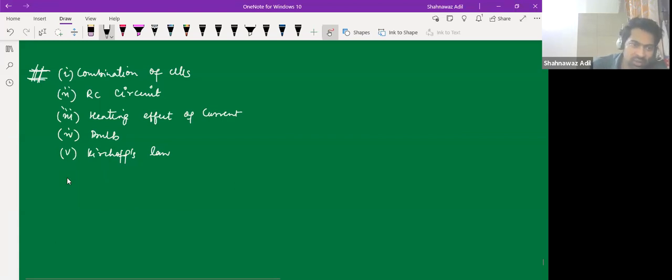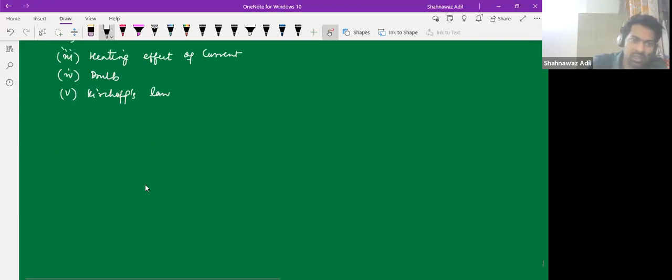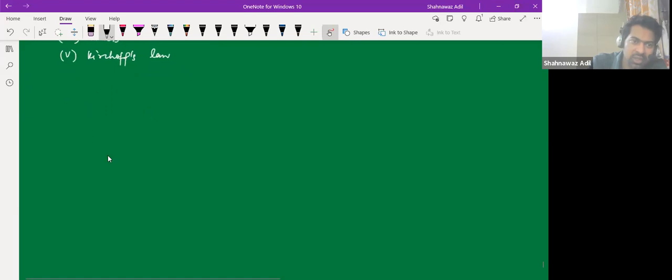The last topic is meter bridge and potentiometer. So let us start. First one is the combination of cells.